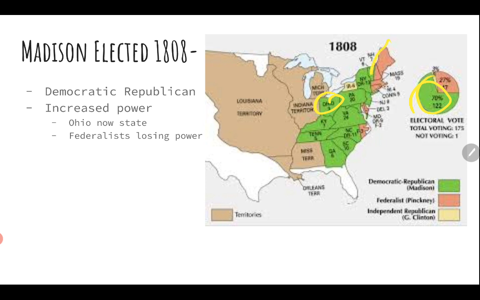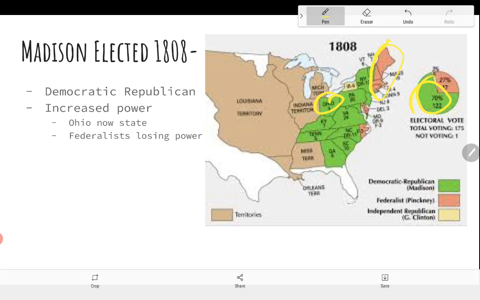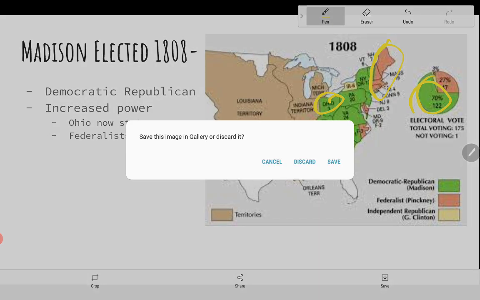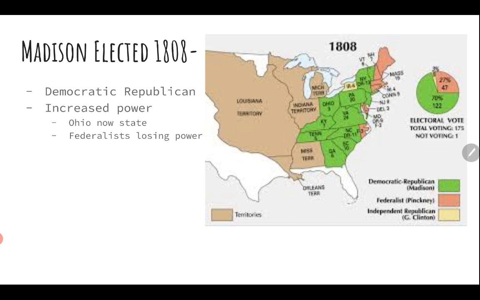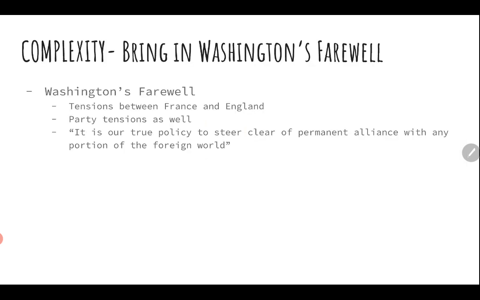The only Federalists are really in New England, right? So this is a thing, right? Democrats are gaining power. Federalists are basically almost on their way out, and they are not going to really survive very long. So as we expand west, right, we have more power to the Democratic Republicans.